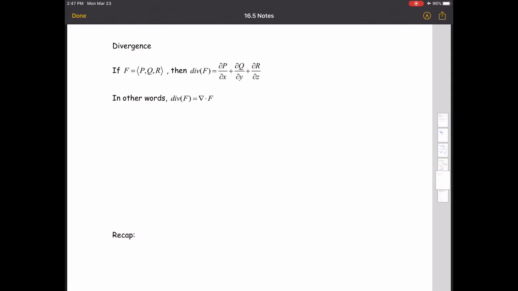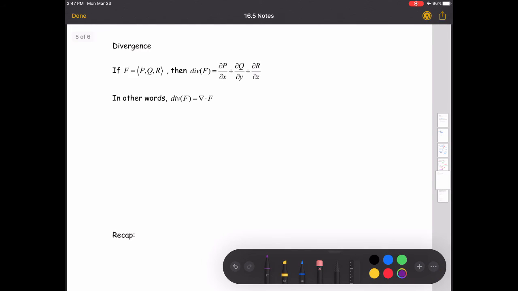All right, and the last topic is divergence. If you thought that defining the curl was easy, and it really is, finding the divergence is even easier.